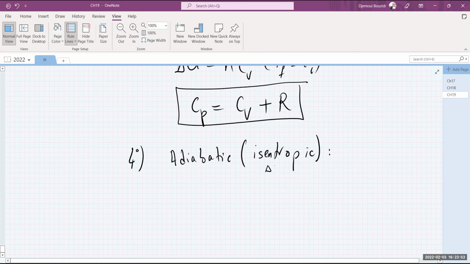This is because the entropy doesn't change. We're going to talk about the entropy later on. But for right now, Q is 0. There is no heat added or subtracted, okay? That's basically what an adiabatic process stands for. Then in this case, it's easy. Delta U is equal to W. This is nCv delta T.